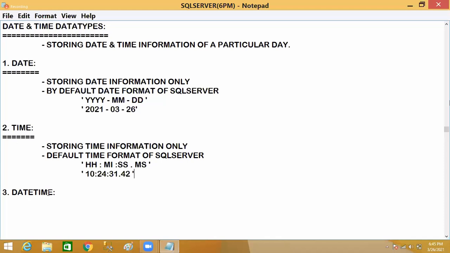Here, date and time are two individual data types, storing individual things. Now, if you want to store both combined, then we use date time. Date time will store both the date and the time information.